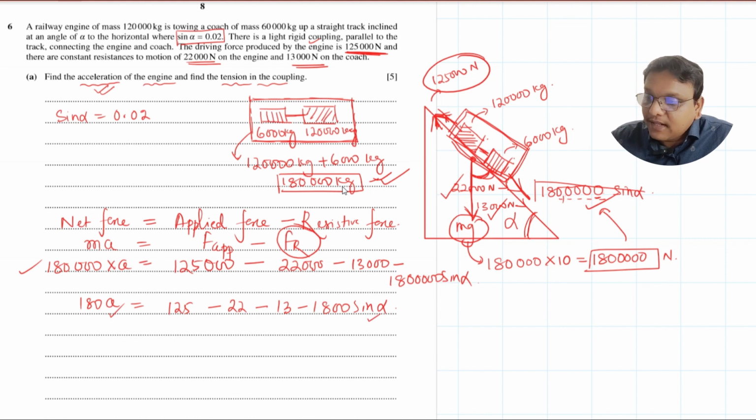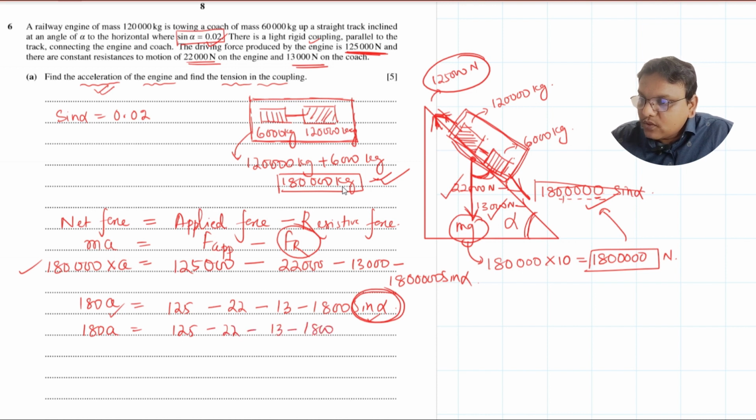How do we find the value of sine alpha? It's already given in the question: 0.02. Simply replace this. So 180a equals 125 minus 22 minus 13 minus 1800 times sine alpha, which is 0.02.